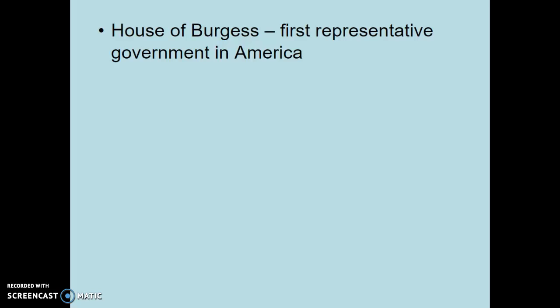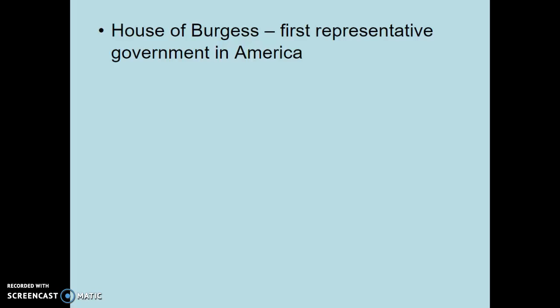The House of Burgesses, we already talked about. This was the first representative government in Jamestown. And Jamestown, because it was so focused on tobacco, required a lot of land. So the colony became really quickly spread out. It wasn't a tight-knit town like you would experience in New England. And so they had to have a representative government, because if you wanted to have a town meeting in Jamestown, people would have to travel for miles and miles to get there to vote, and that just didn't make any sense.